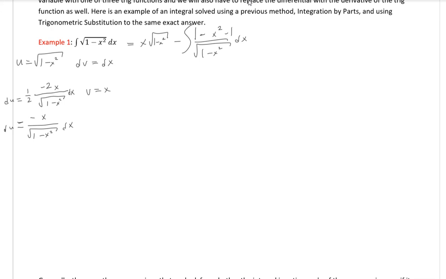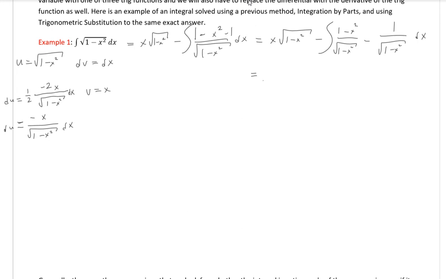Now what I can do is split this up. 1 minus x squared, minus, and that's why I kept the minus on the outside there, 1 minus x squared over the square root of 1 minus x squared, minus 1 over the square root of 1 minus x squared dx. So I split this fraction up into 2.